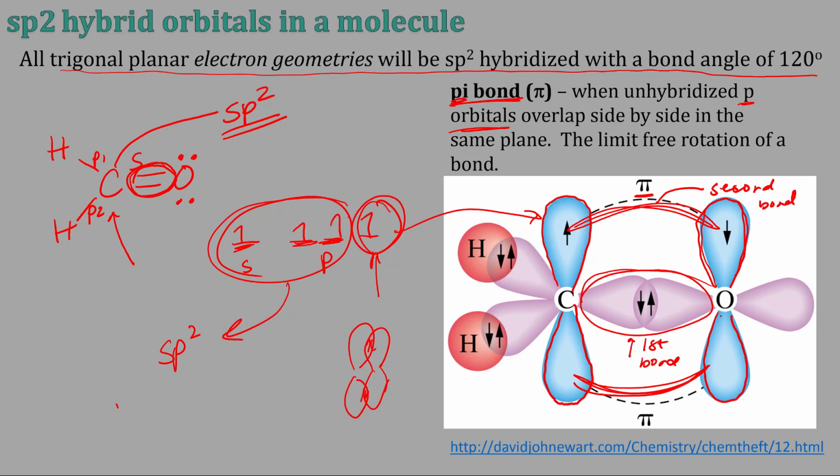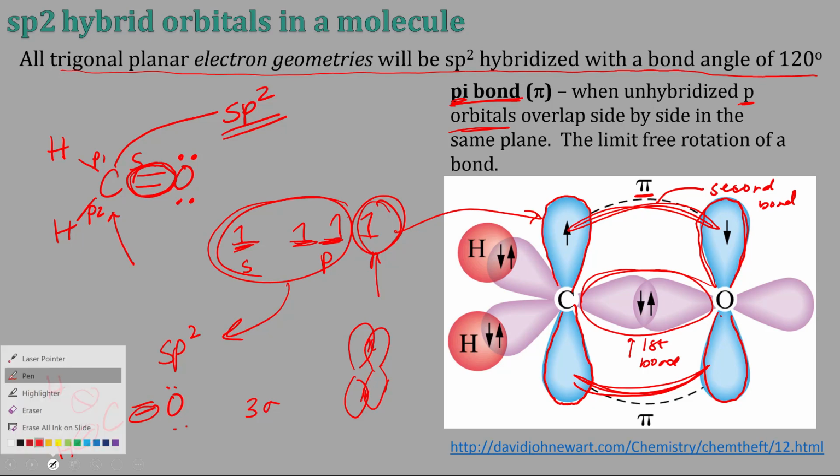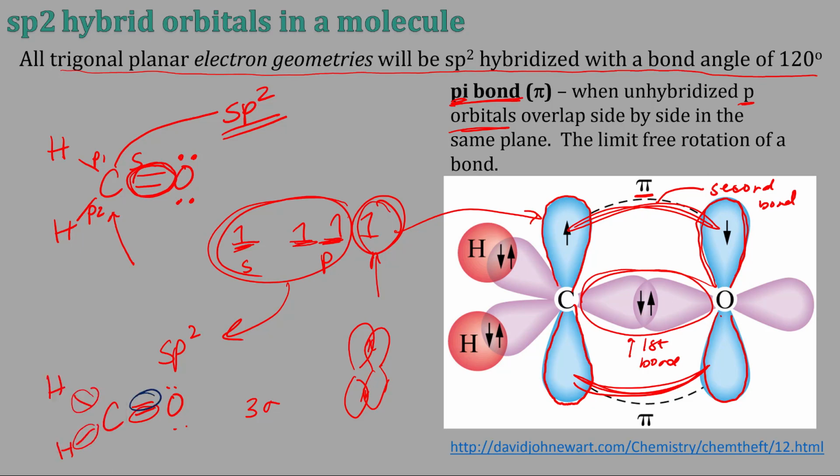So when we look at this little bitty molecule here, I can say, okay, this is going to have 3 sigma bonds because it's got 1, 2, 3. And then the second bond of the double bond, this one, will be a pi bond. So it would have 1 pi bond. And that pi bond is made by the overlapping side by side the p orbitals.